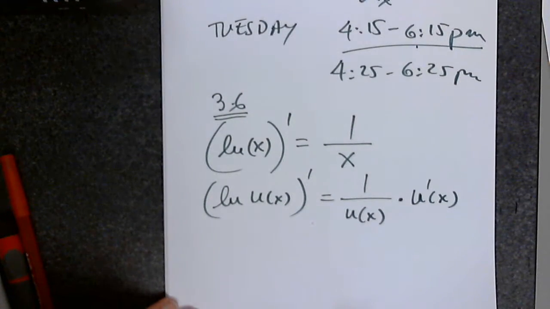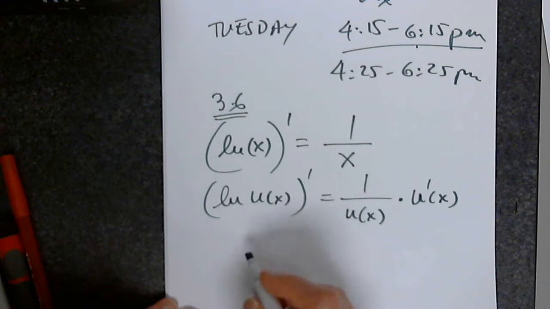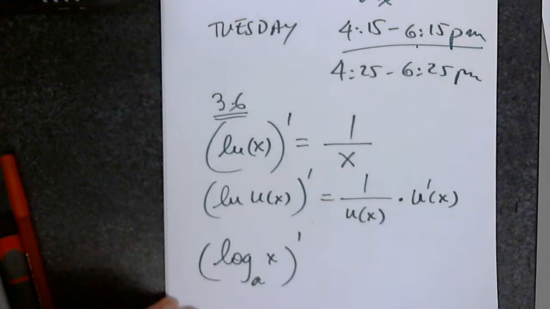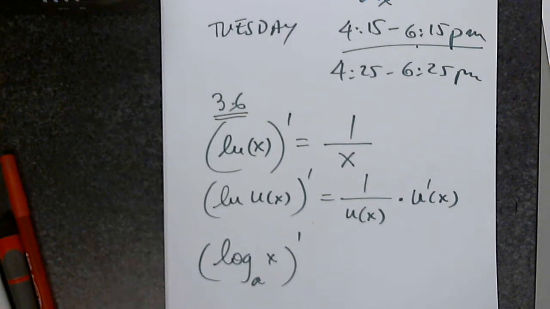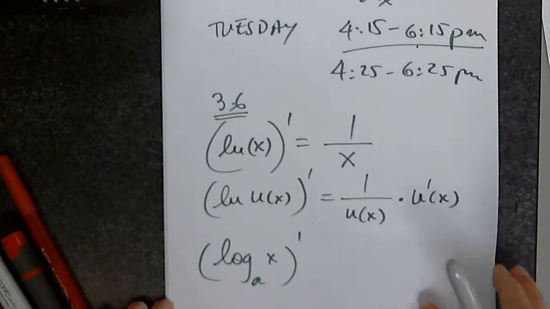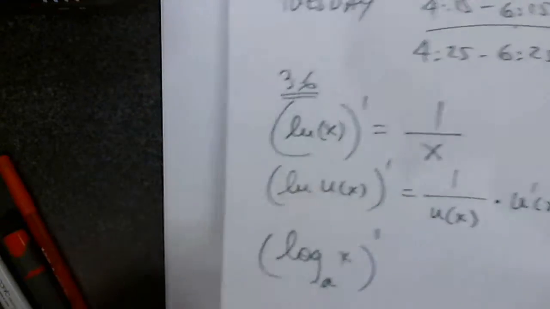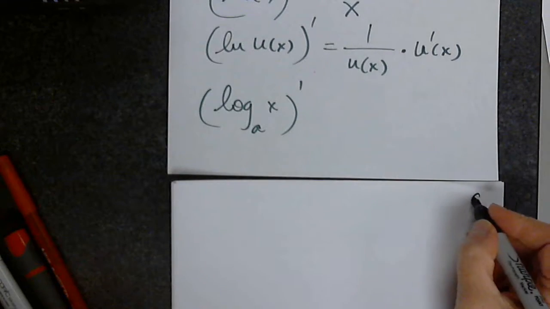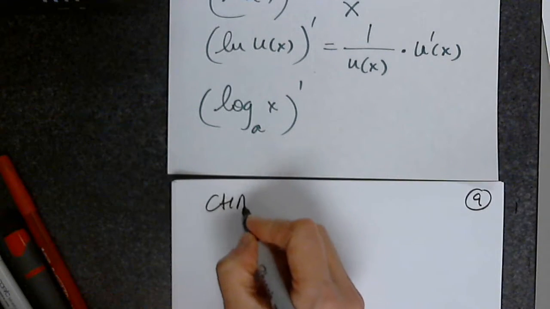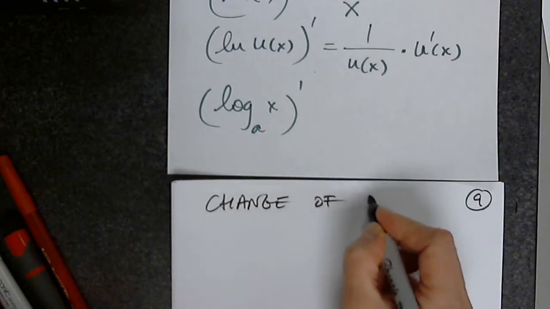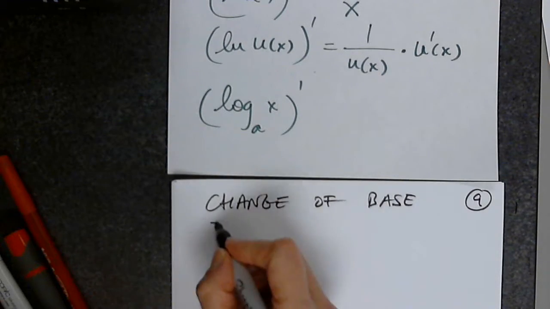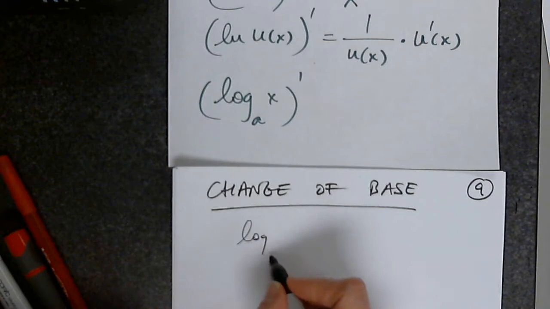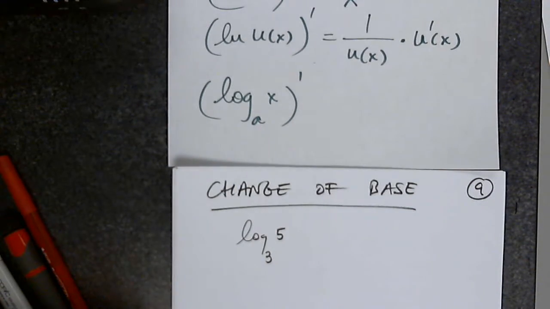Perfect. Now the question is, what do I do when I don't have natural log, but let's say I have log base a of x? I would like to discuss this before we come up with the answer. Do we remember what it's called, the change of base formula? Change of base. So let's say I would like to determine log base 3 of 5.